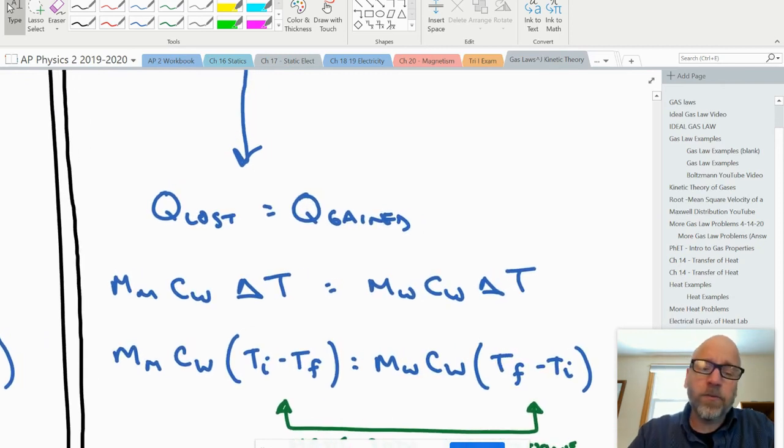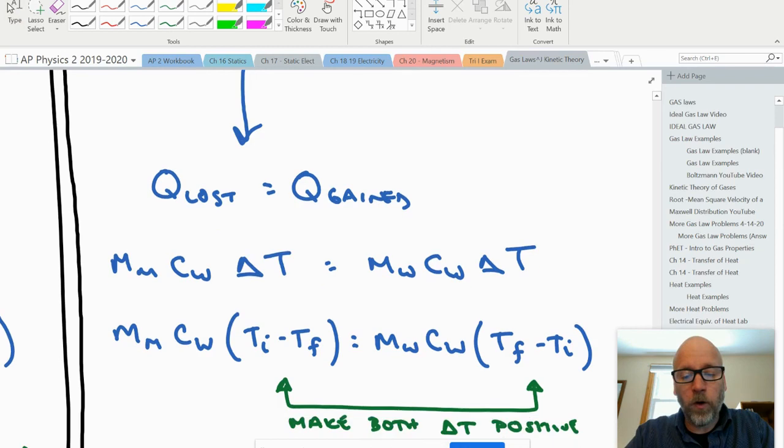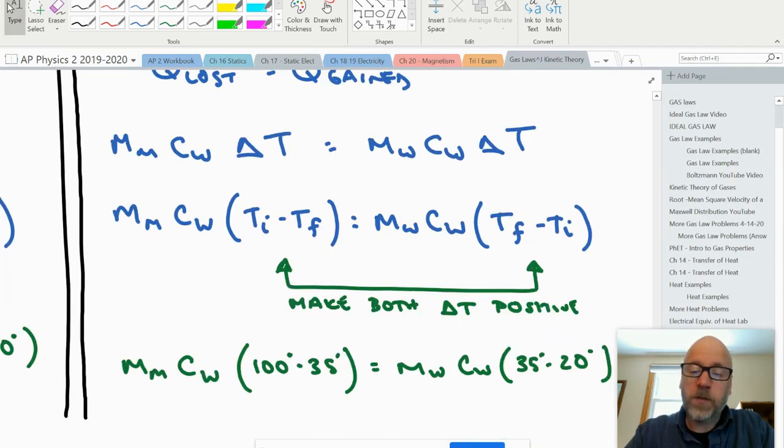What you did was always subtract the temperature so that it was always positive. On the metal side, you would do the initial minus the final temperature, and on the water side, you do the final minus the initial, so that both were positive. When you plug in the numbers, you get that. Does it work? Absolutely.